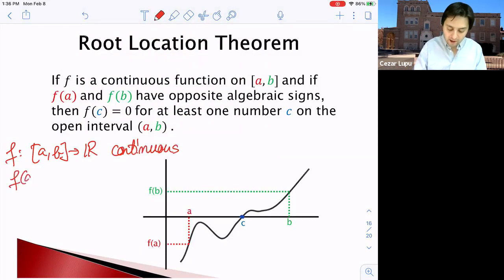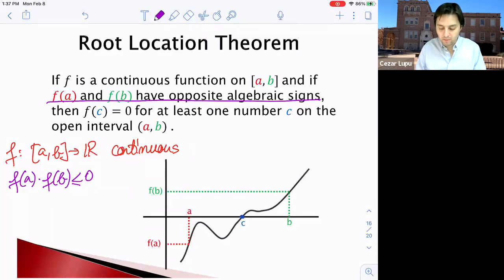And f of a, let's just say is less than 0, or, if you want, let me just put it in one word. This condition that f of a and f of b have opposite algebraic signs can be put in one word: f of a times f of b is less than 0, right?